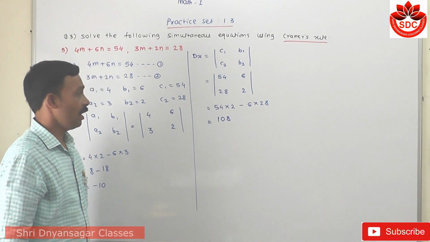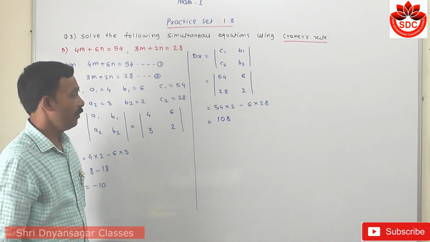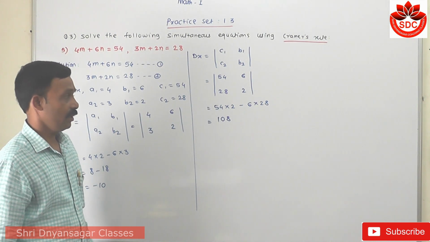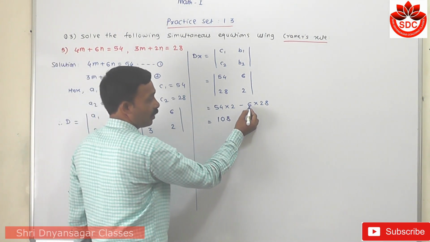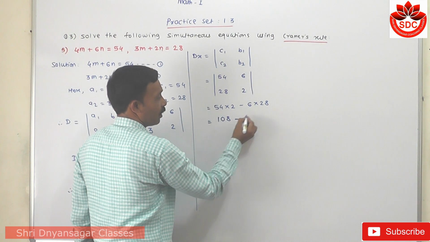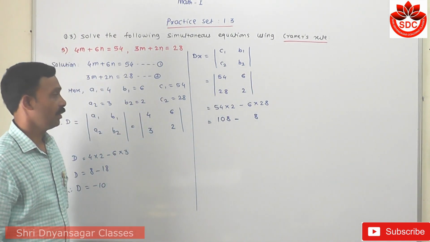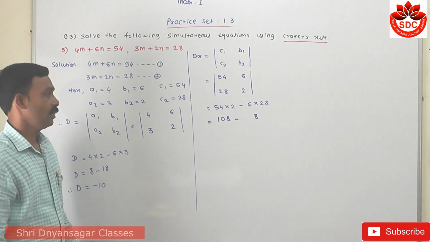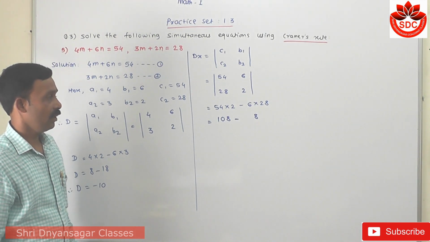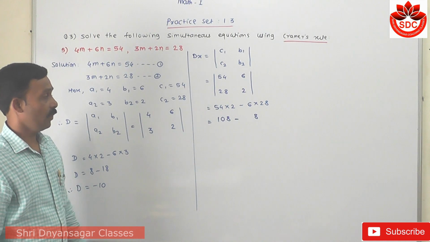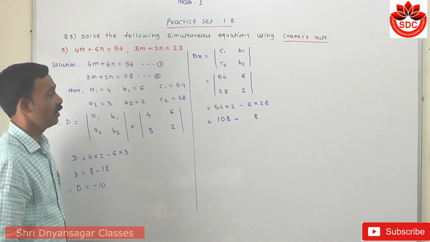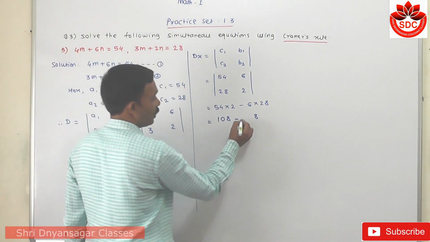Now 20 6s are 120. Now I have to take the product also. 6 zeros are 0, 6 2s are 12.